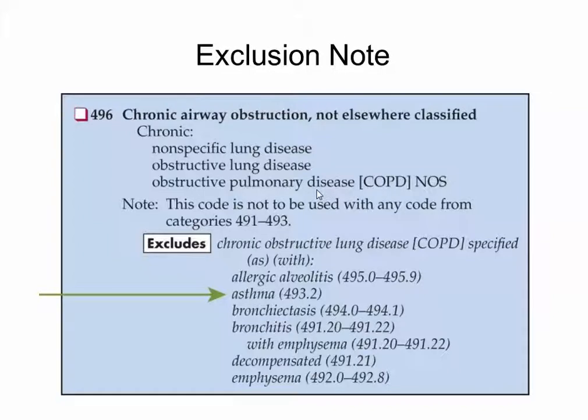You cannot use this code. It excludes these disease processes. Pretty simple, okay? But again, in order to get that, you've got to read. You have to go back up to your category and make sure that there isn't anything between the category title and the first subcategory listed.